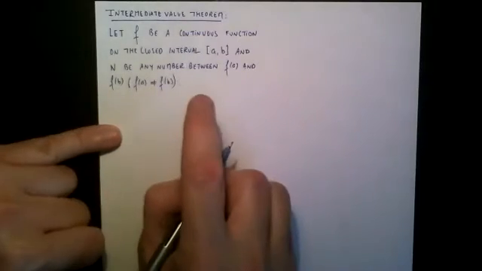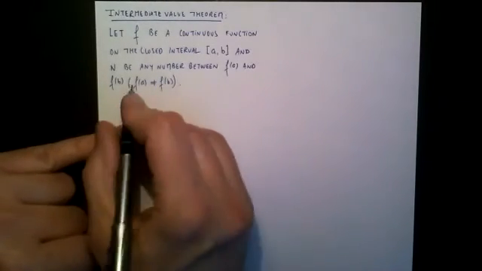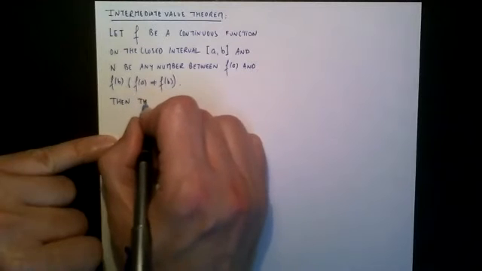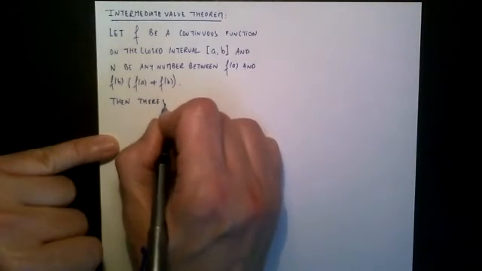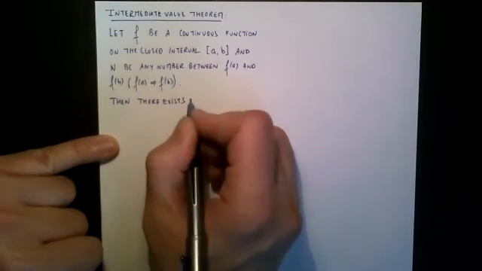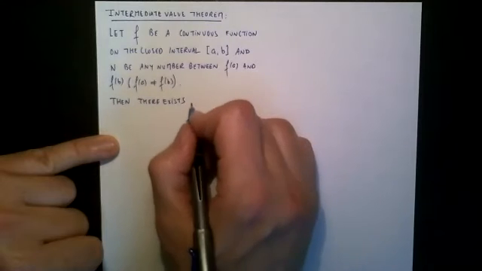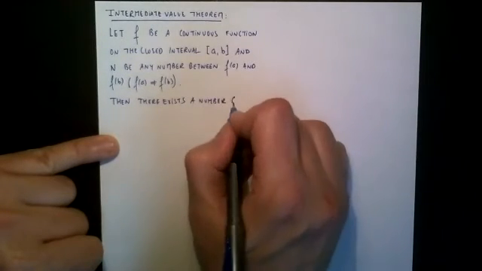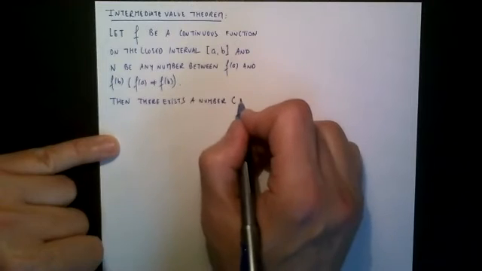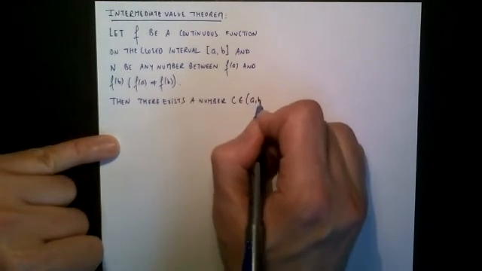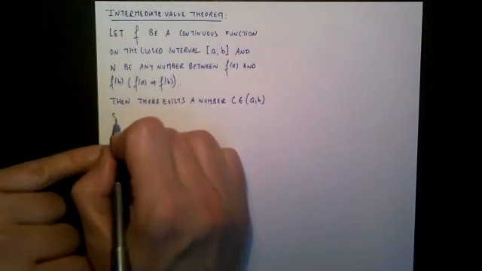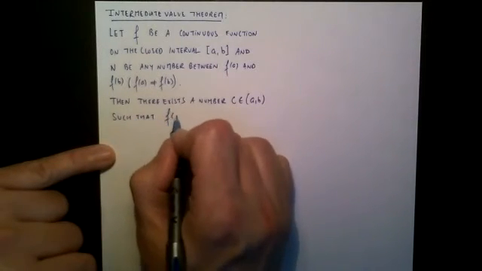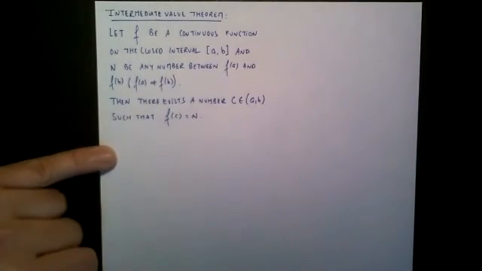Okay, so this is the hypothesis. So what could you conclude for this? Then there exists a number C in the interval AB such that f of C equals n.